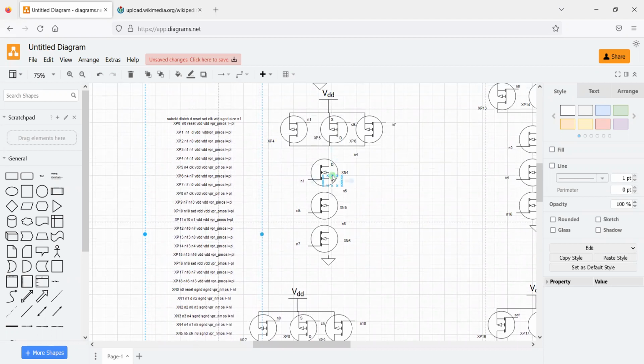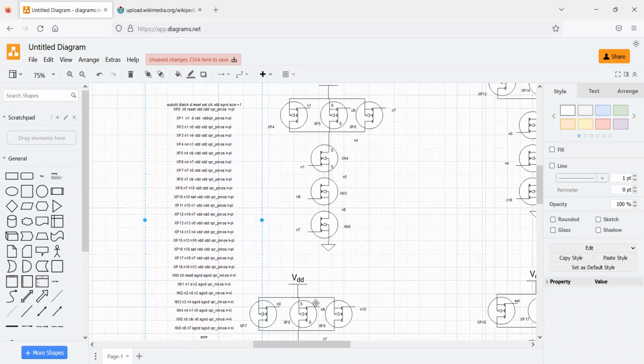So what's XN4? XN4 is N4, N1, N5. XN5, N5, clock, N6. XN6, N6, N7, ground.